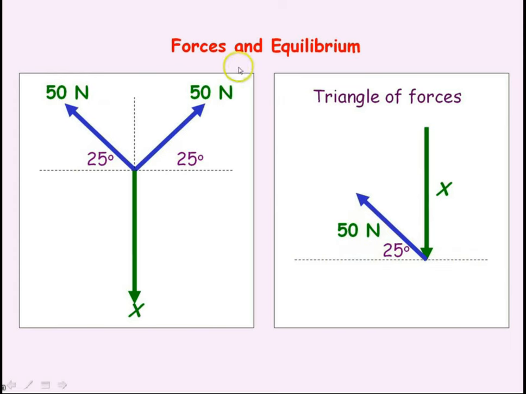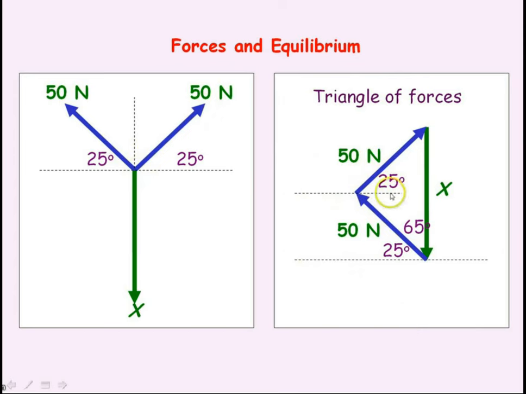We then need to add the other 50 Newton force, which again is acting 25 degrees from the horizontal. So where this 50 Newton force has ended, we draw another horizontal line, and then we add our 50 Newton force at an angle of 25 degrees from the horizontal.